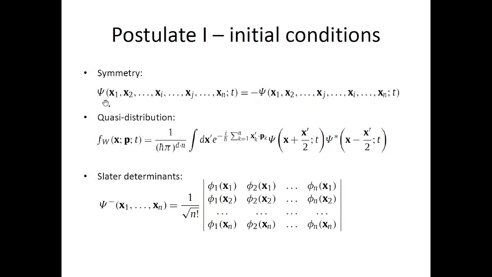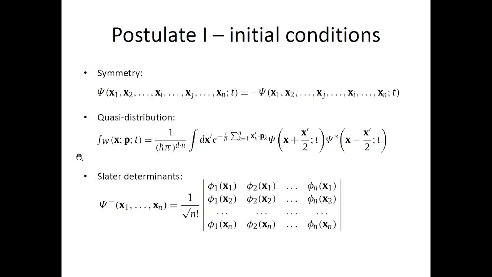So in the very same way we would have done for a single body system, we can take these initial conditions that are represented by a symmetric or antisymmetric wave function, and we can compute the quasi-distribution function that corresponds to it. In this particular case, this is what you would see.